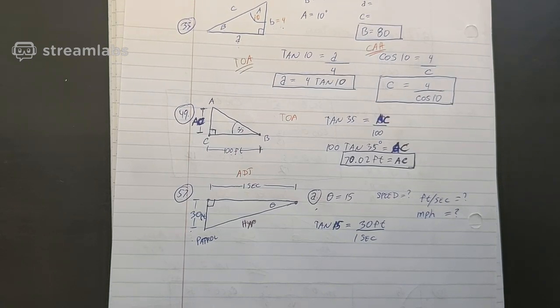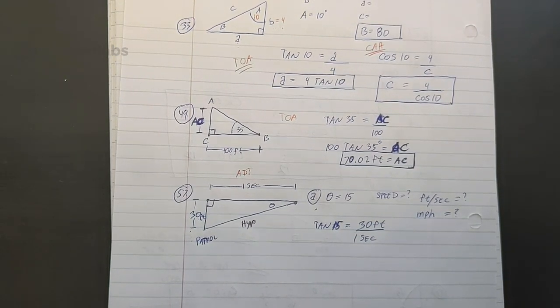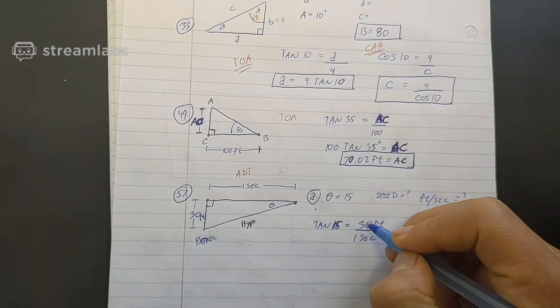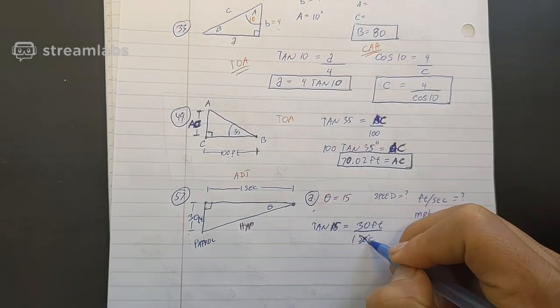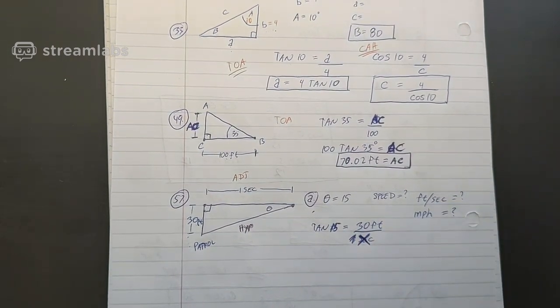The angle measured is 15 degrees. How fast is the truck traveling? These are all numbers. I need to know how far this is. Oh. This is X. There we go.